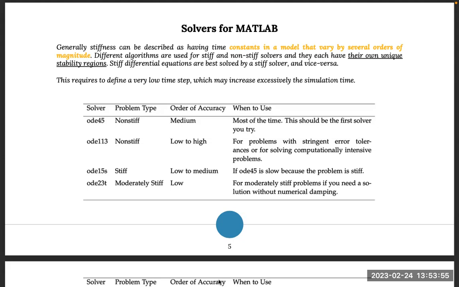In general, nonlinear equations. If it's a linear system, then we can get the actual exact solution.